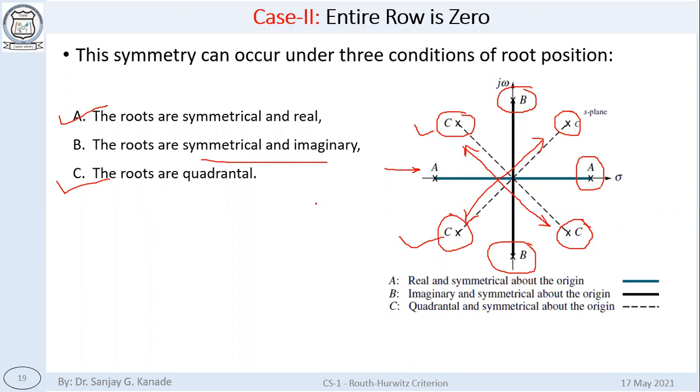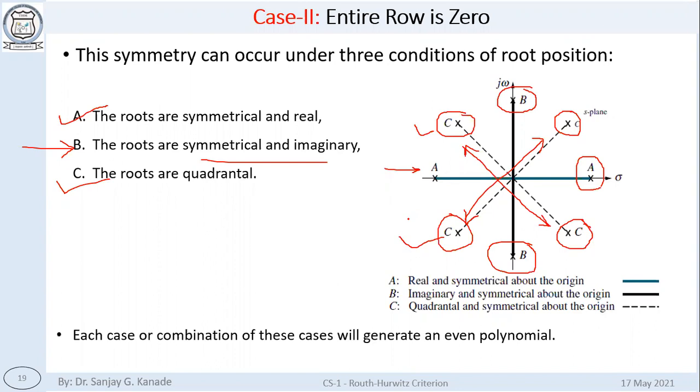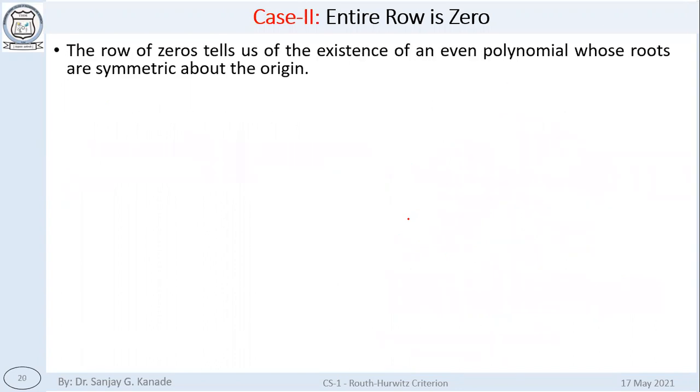So therefore, for an even polynomial, if there has to be a complex root, then it has to have 4 roots like this at least, which is also not the case because in that case 2 roots would be on the right hand side. So what is the case for our example? Our example falls in case B, that roots are symmetrical and they are on the imaginary axis. So if roots are on the imaginary axis, what does it mean? The system is marginally stable, right? The system is marginally stable.